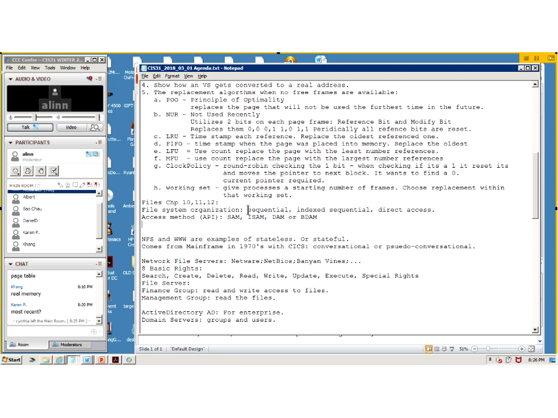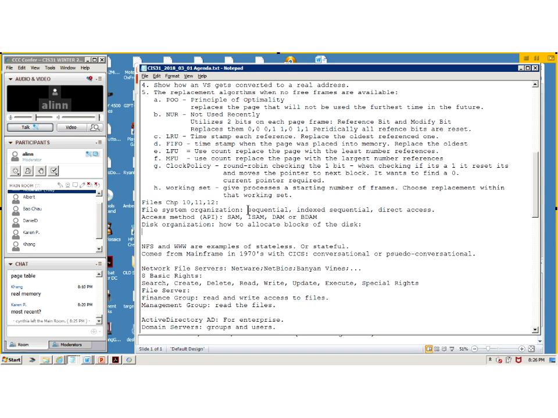Okay. Then we looked at the disk organization, and we looked at how to allocate blocks of the disk. And what were some of the methods we used? Contiguous, and we ran into issues here.